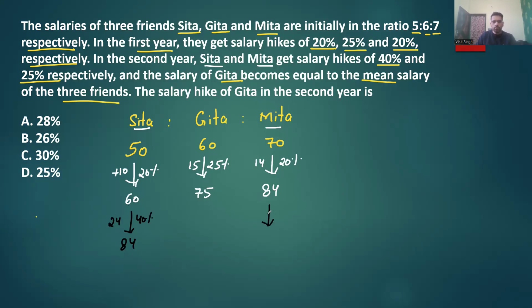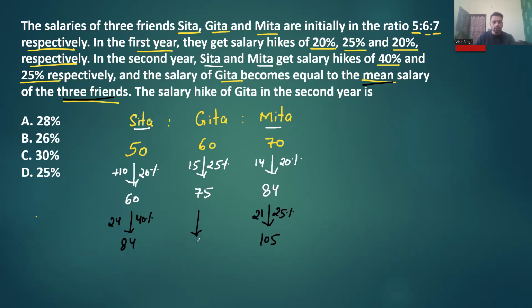And Meeta gets 25%. 25% of 84 is equal to 21, so it becomes 105. And how much hike Geeta will get depends on the salary of Geeta after the second hike. The second hike salary of Geeta becomes the mean salary of all three friends.